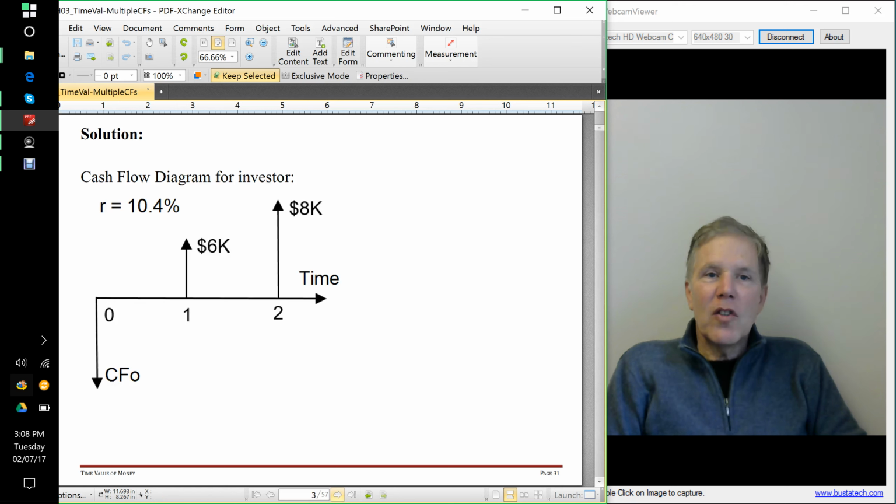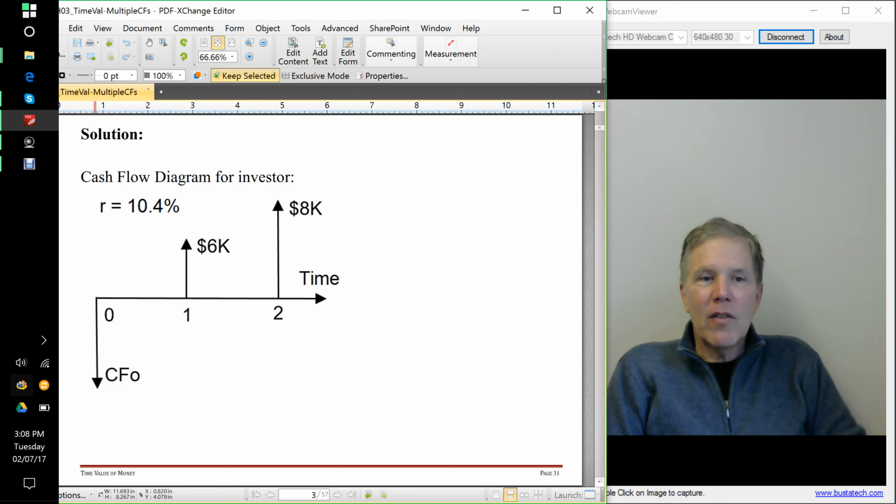We'd have to choose whether we want to do a cash flow diagram for the investor, who would be the purchaser of the bond, or the entity selling the bond. I've chosen the investor, and I've put on the diagram, which is optional but helpful, that our interest rate here is 10.4%.